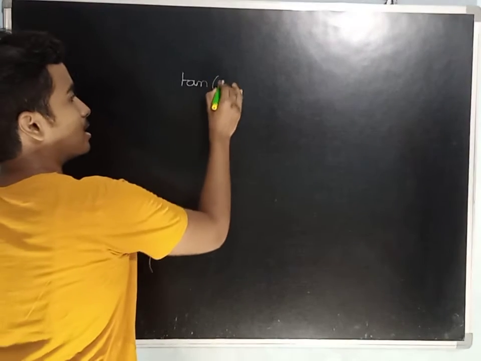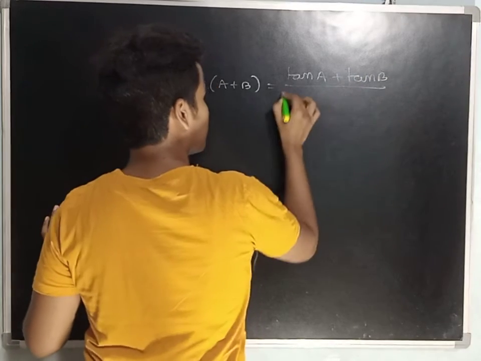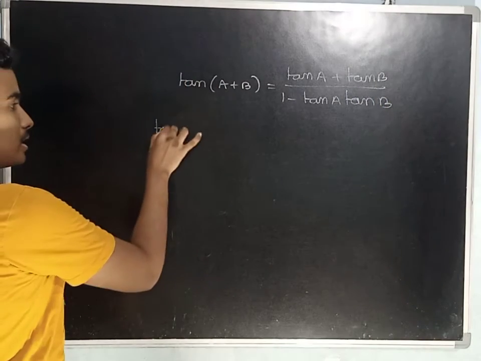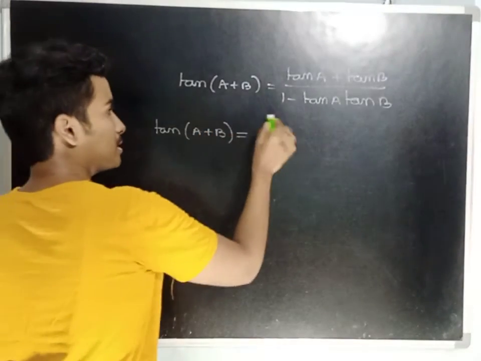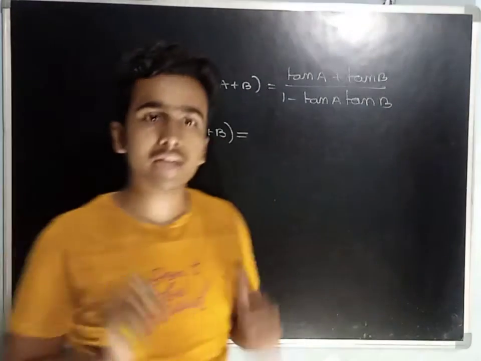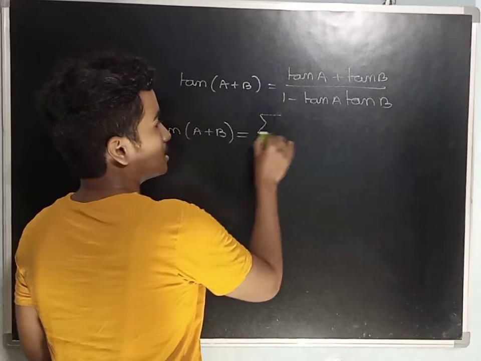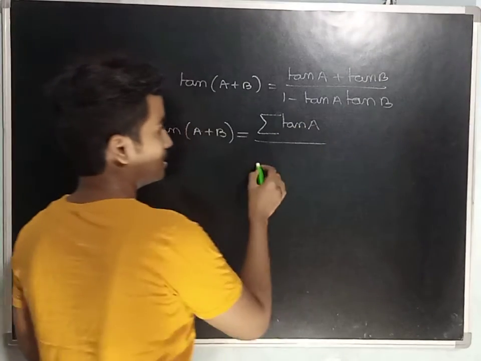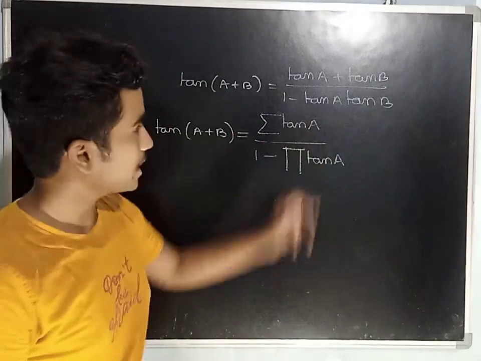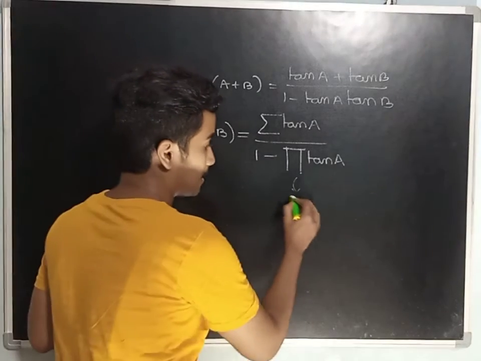You may have tan of A plus B equal to tan A plus tan B divided by 1 minus tan A tan B. For a triangle, we have three angles A, B and C, so sigma tan A is tan A plus tan B plus tan C. Here we have only two angles, A and B, so sigma tan A is tan A plus tan B, divided by 1 minus capital pi of tan A. This is called capital pi.